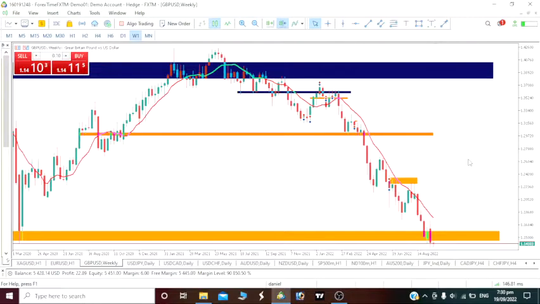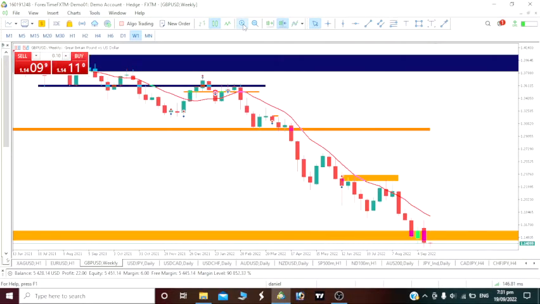Exactly why we are seeing a drop on this GBPUSD. If you go to the USD index, we're actually bullish and we'll continue to go bullish. Now back to this weekly time frame. Last week we closed bearish, which broke below our 10-period moving average and broke our support level, and now we would continue to go bearish.